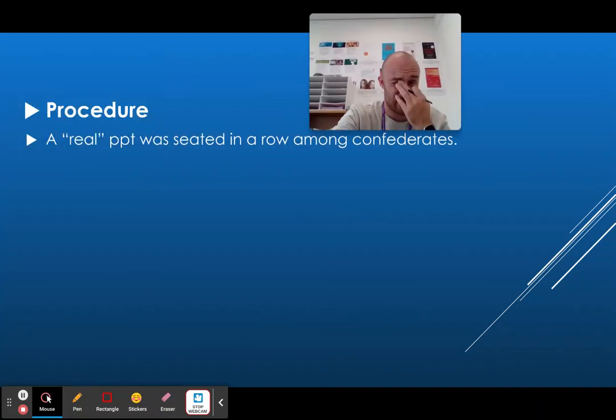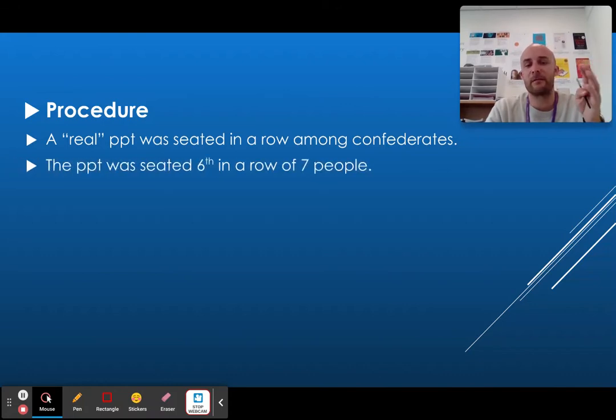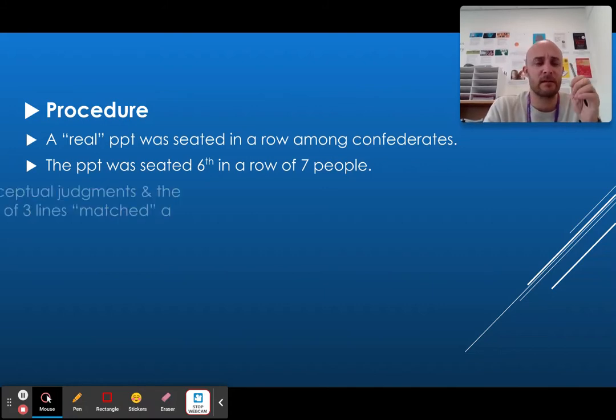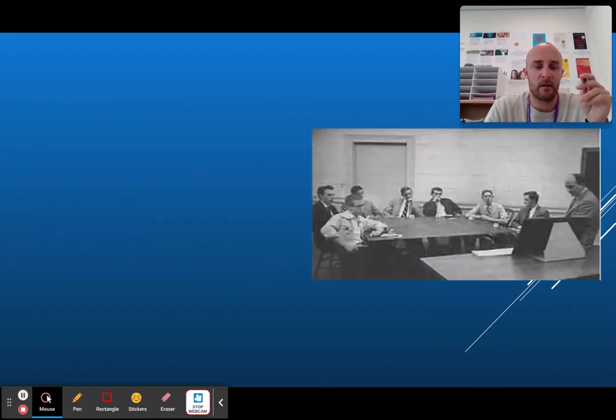As I say, a real participant was seated in a row among Confederates. They were seated penultimately, so not last, but the one before the last. They were the 6th of 7 people, or the 7th of 8 people, or the 8th of 9 people. He varied it. The goal of the study was to examine perceptual judgments.